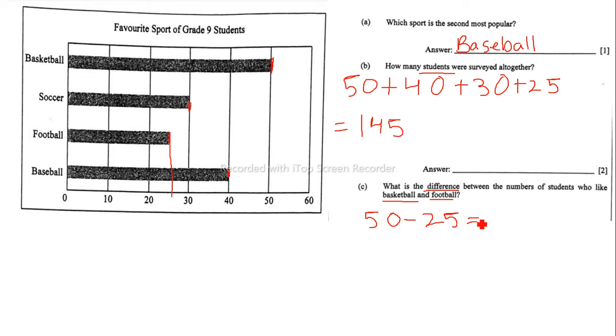Hello? Can you hear me? 25. Good. So the difference between the number of students who like basketball and football is 25.